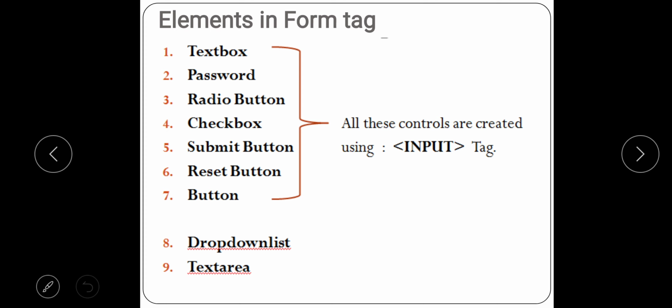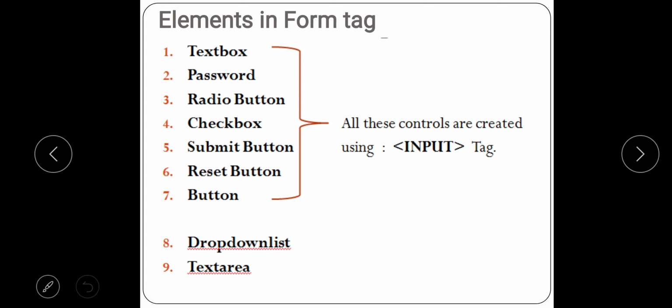Next is the submit button. We just now saw the submit button and reset button, so I won't discuss this. Then seventh is the button. A button is a simple button which can work according to the work given to it by us using some event handlers. We will see this also in detail.